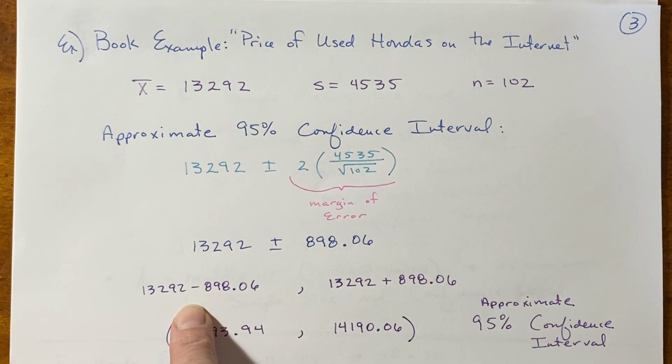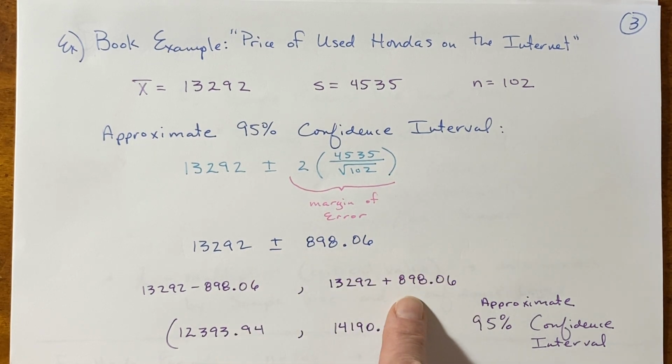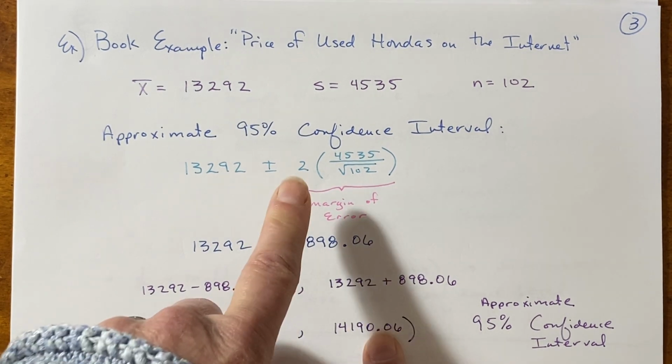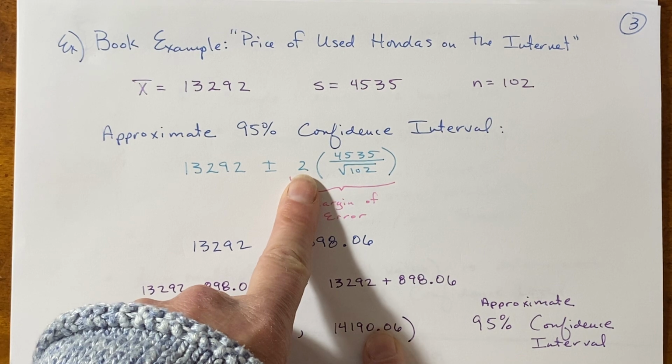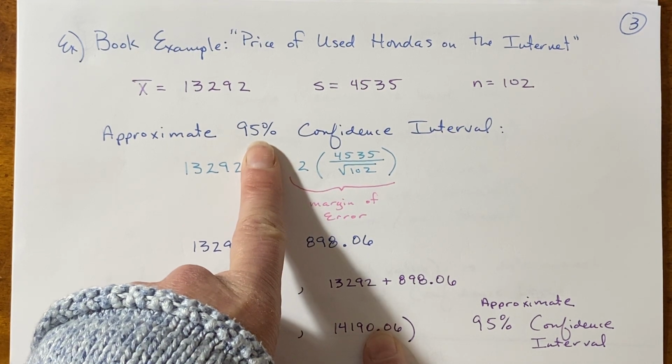So here I subtract it. That's my lower end of my interval. Here I add it, and that's my upper end of my interval. So now what I've done is I have created my 95% confidence interval, my approximate 95% confidence interval, because similar to the proportions, 2 is just an approximate for 95%.